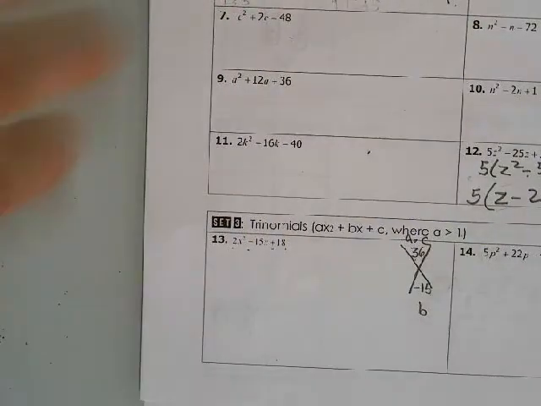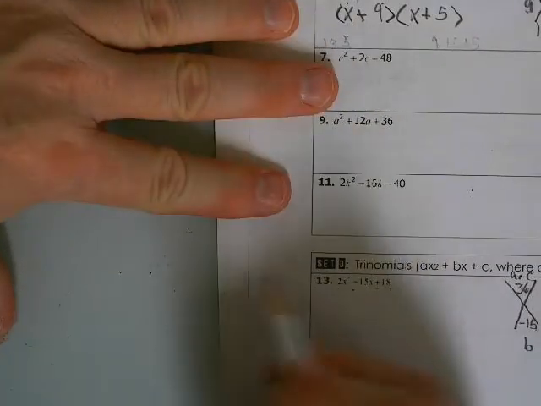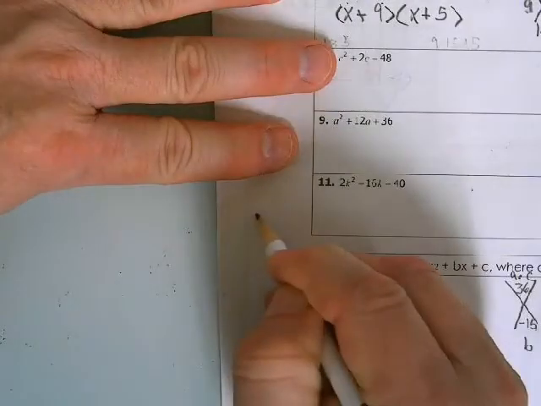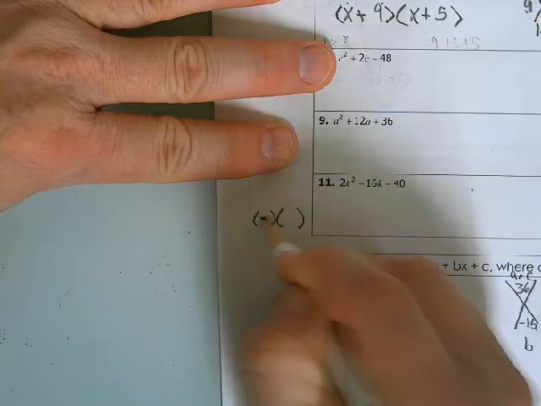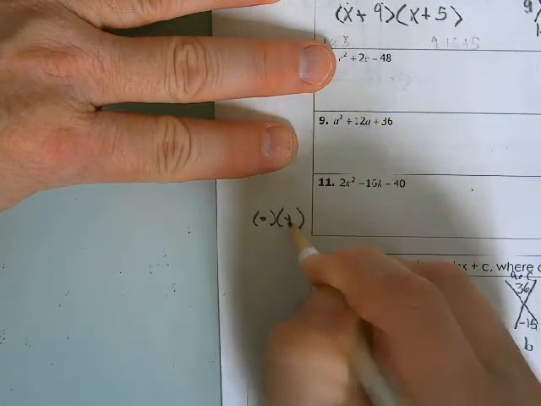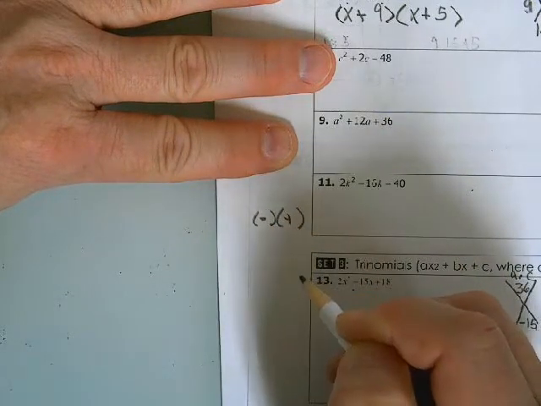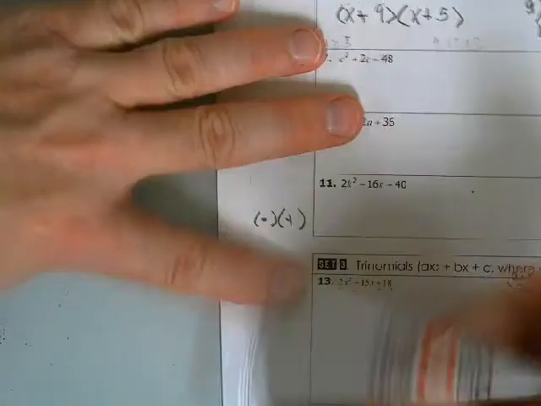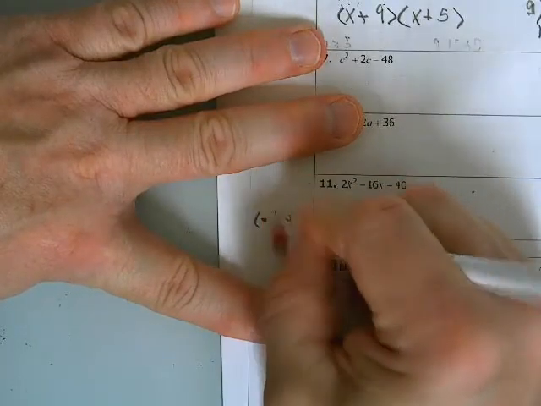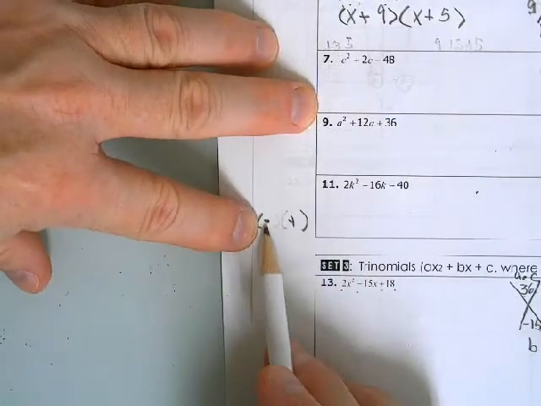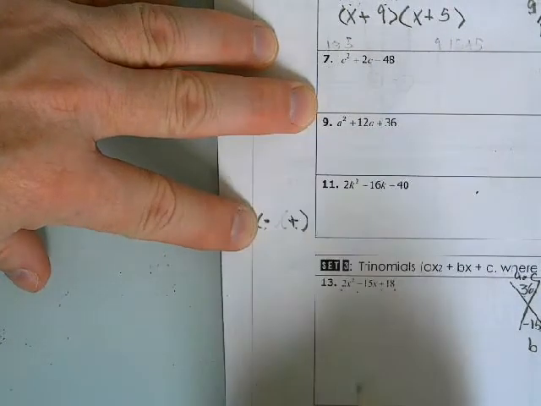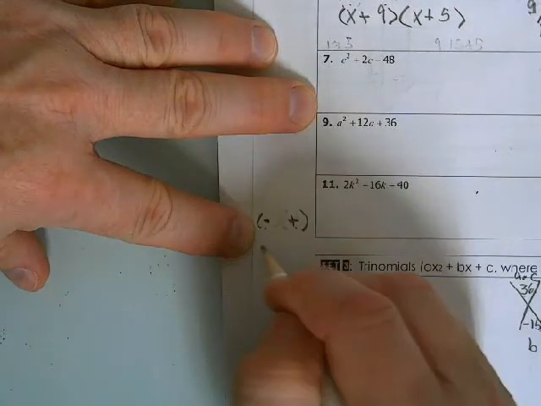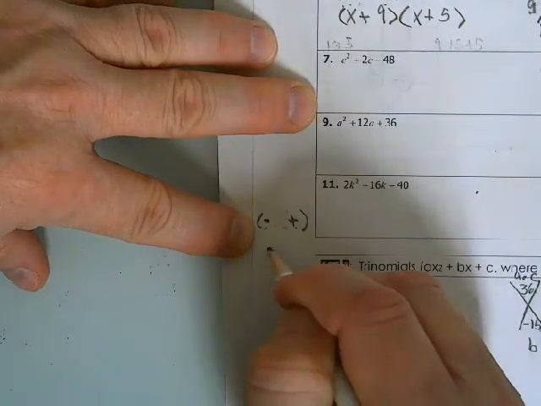If you want to make yourself a little helper key here, if your quadratic is negative and positive for those two terms, let me take these parentheses out. So if the first sign is negative, the last sign is positive, then that tells us that they're both going to be negative.